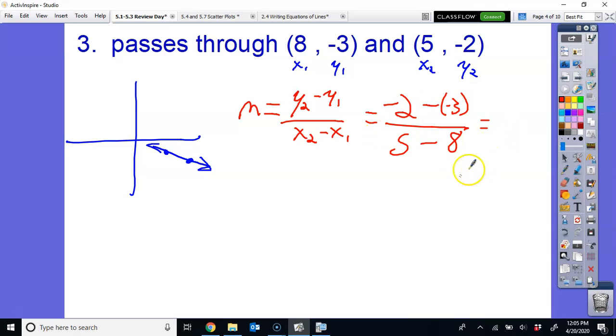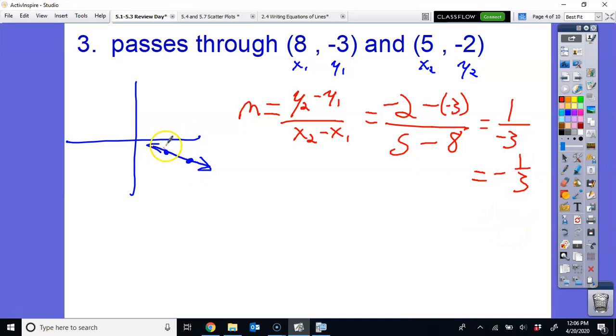Now, it really doesn't matter what order you do those, as long as you start with the same point on the top and the bottom. So y2 minus y1 over x2 minus x1. Also make sure that you do the change in y's over the change in x. So -2 minus -3 is the same thing as -2 plus 3, which is 1. 5 minus 8 is -3, so -1/3 is my slope.